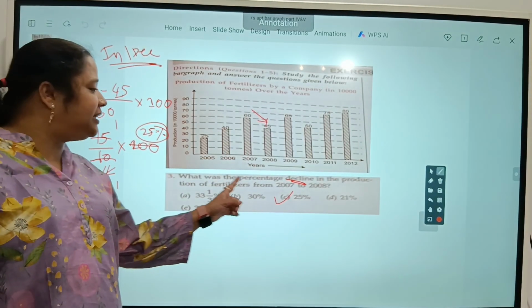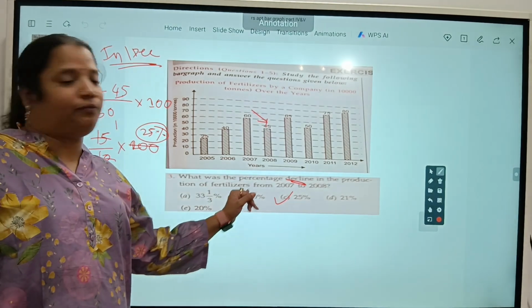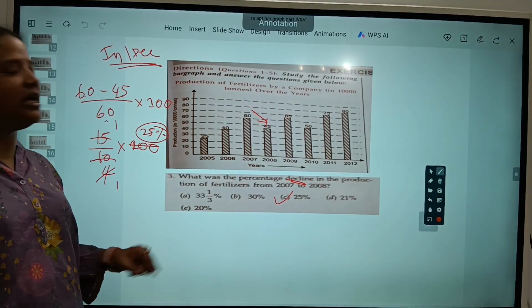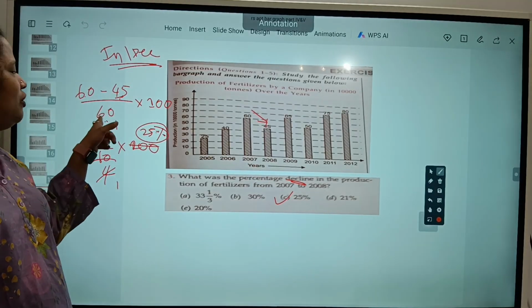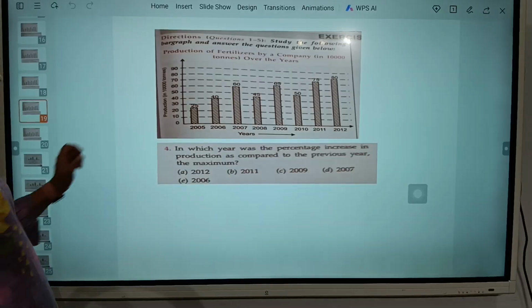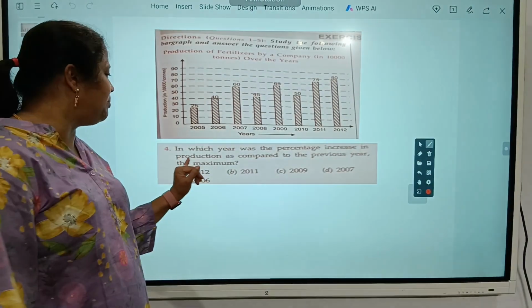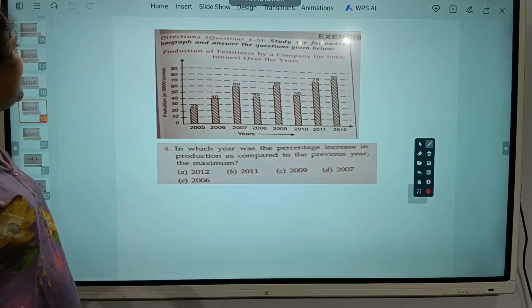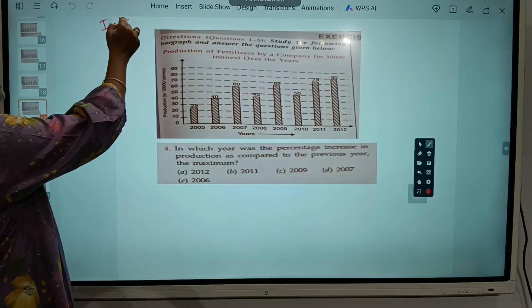So what was the percentage decline in production of fertilizers? If decline is asked, you have to take the higher value in the denominator. If increase is asked, then you have to take the lower value in the denominator. In which year was the percentage increase in production as compared to the previous year maximum? Again, we have to use the increase or decrease formula in each case.